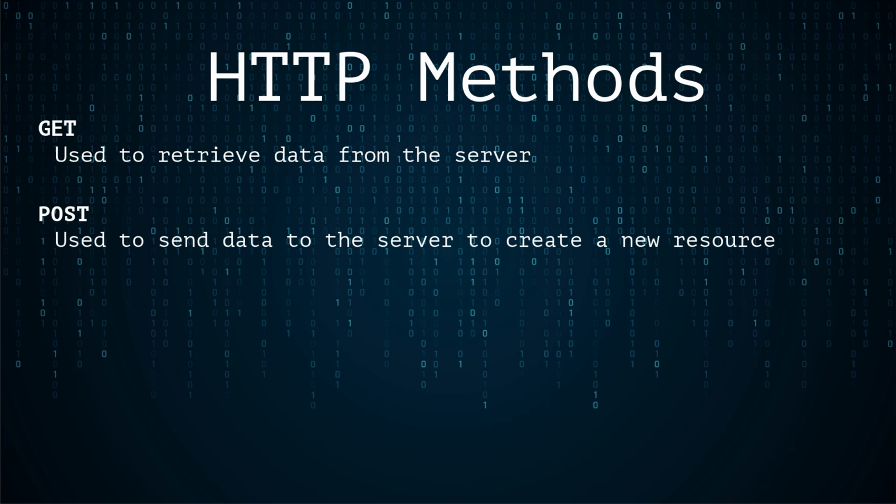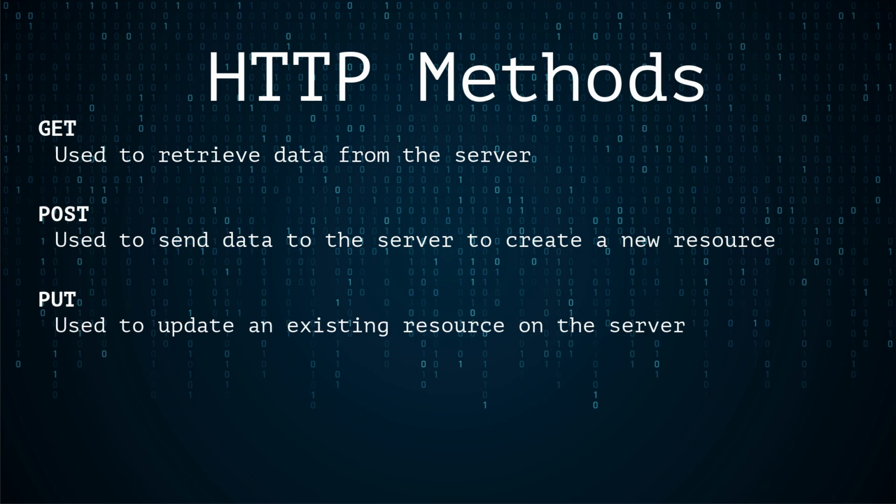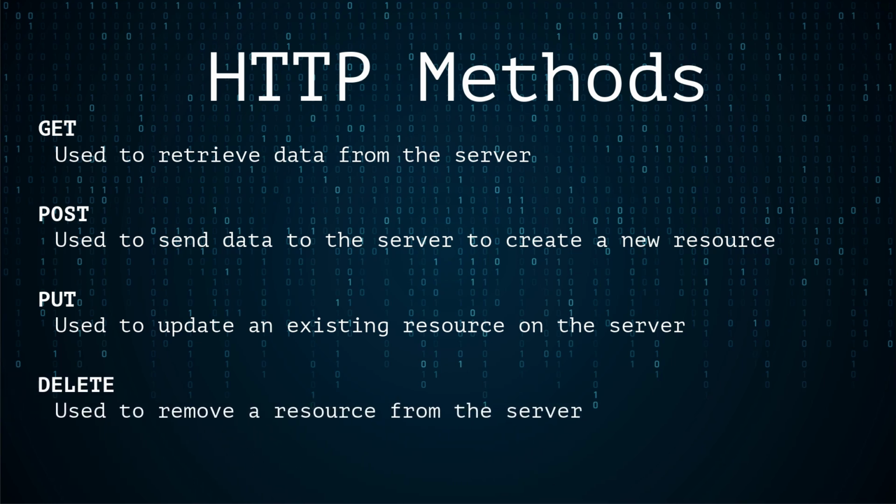It's like giving the waiter your order so the kitchen can prepare a new dish for you. PUT is used to update an existing resource on the server. It's like telling the waiter to change an item in your order before it gets cooked. DELETE is used to remove a resource from the server. It's like telling the waiter to cancel your order before it gets cooked.